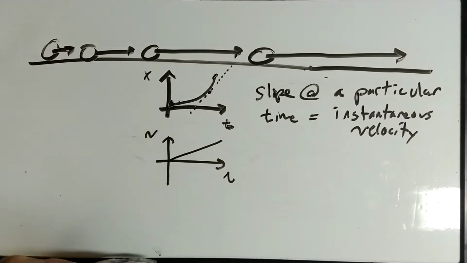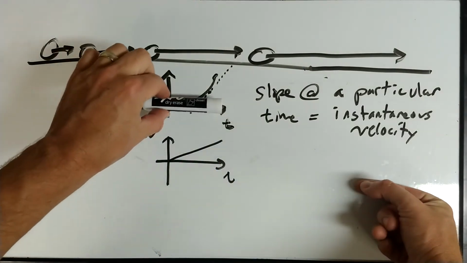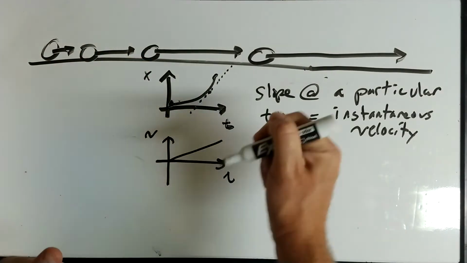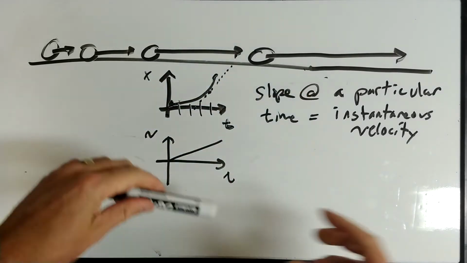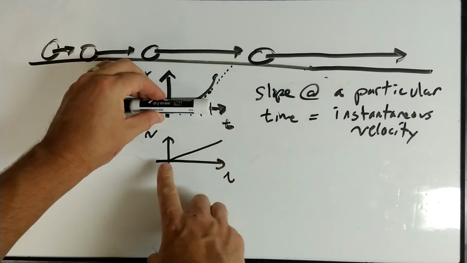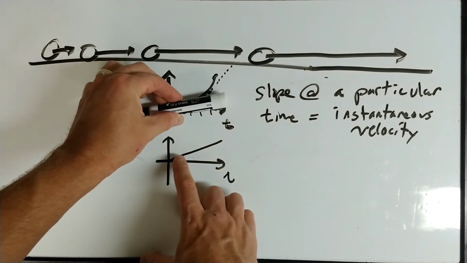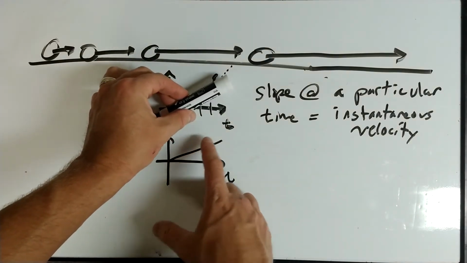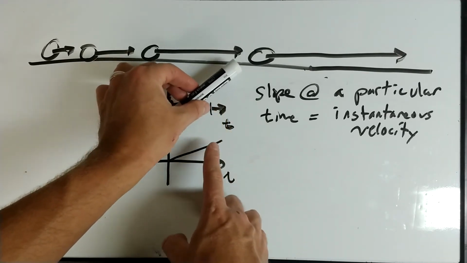So why does this velocity go up? Well, if we measure this at set time intervals, the slope in the beginning is 0, therefore I have 0 velocity. The slope increases a little bit, so my velocity has to go up a little bit. The slope increases more on position versus time, the velocity has to go up a little more, and so on.